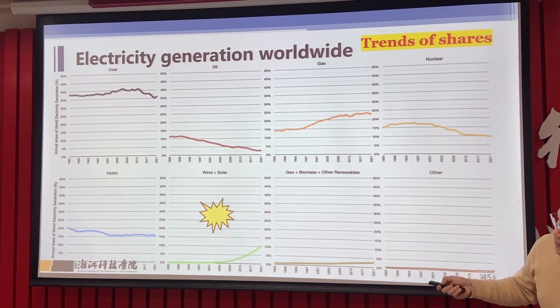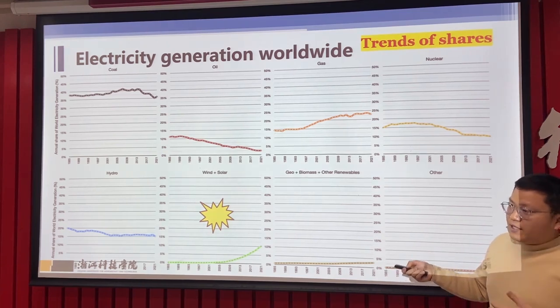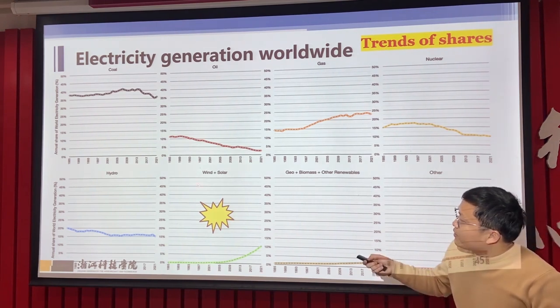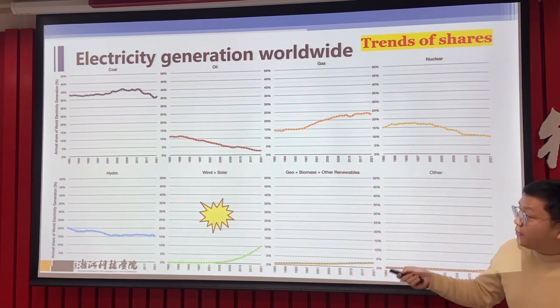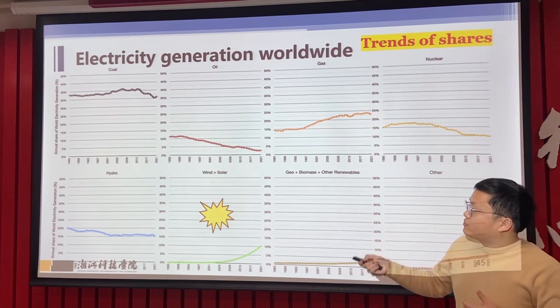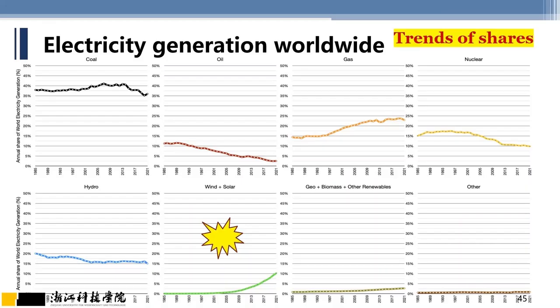What is worth mentioning is that the renewable energy power sources, which are wind and solar, increased gradually from approximately 0 in 2000 to 10% in 2021.